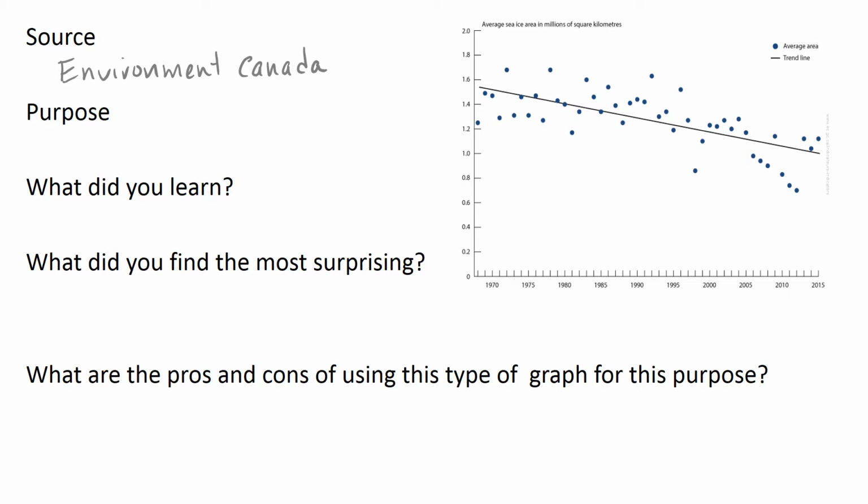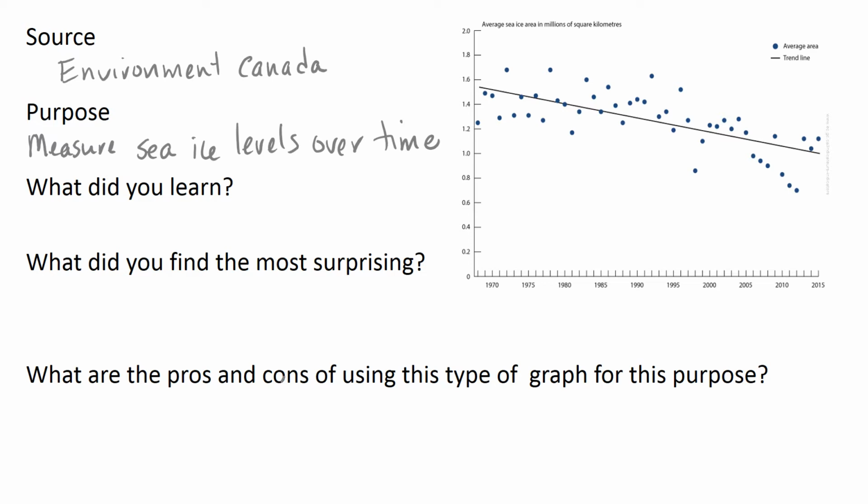The purpose of it was to measure sea ice levels over time. That's the specific goal. It may have been measured for a bigger purpose as well. It could have been to investigate climate change.